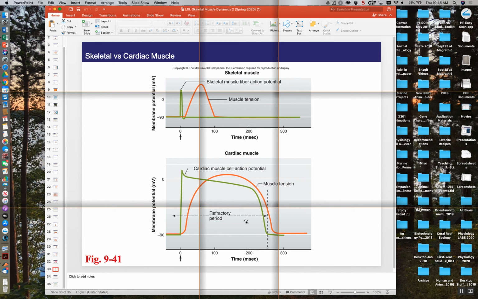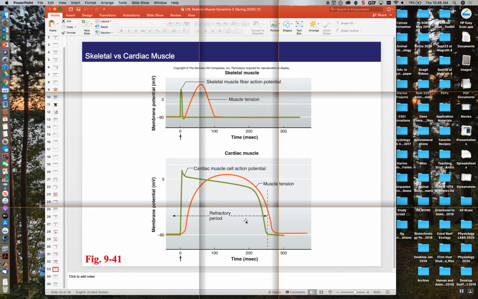Why would that be important? What does it prevent ultimately? Think about that frequency-force relationship. What is it preventing? Yes, exactly. It is preventing summation and tetanus. The last thing you want your heart to do is cramp up, right?